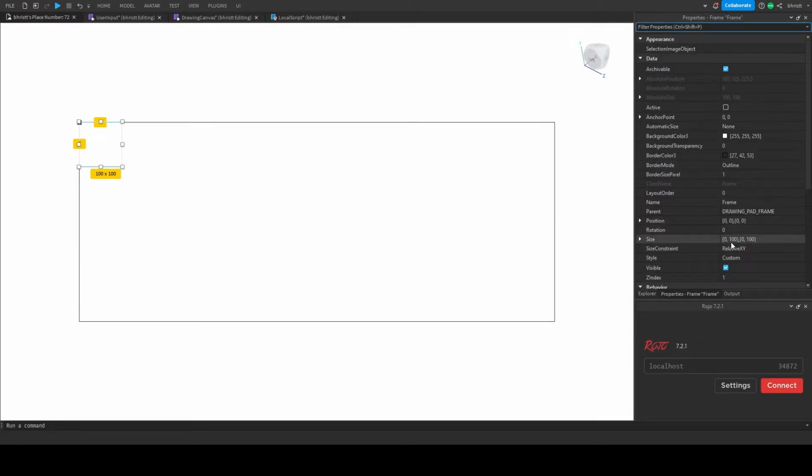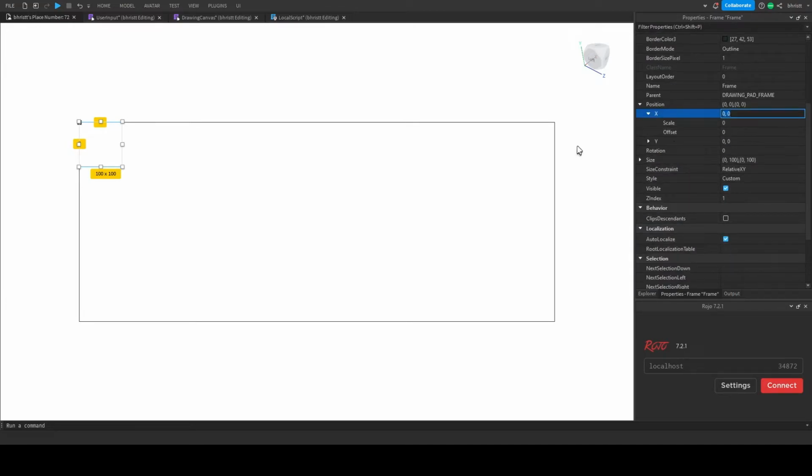So let's do that. So right here we can do position, and we have X, and we can see that we have scale and offset. So offset is the size in pixels of this entire frame, and scale is the percentage of this frame. So let's set it to 0.5, and you can see that we move this frame to the middle. This left side of this frame is in the middle of this bigger frame, which is what it's inside of.